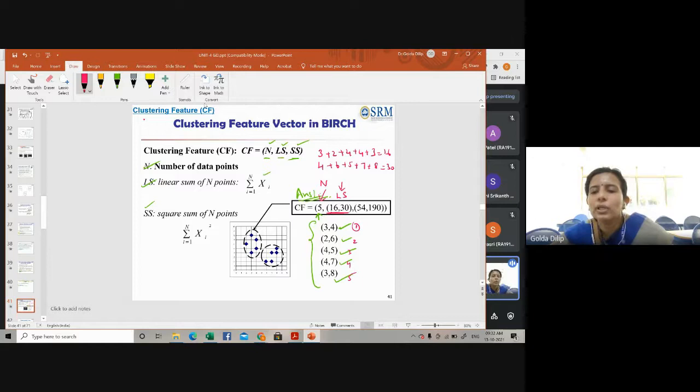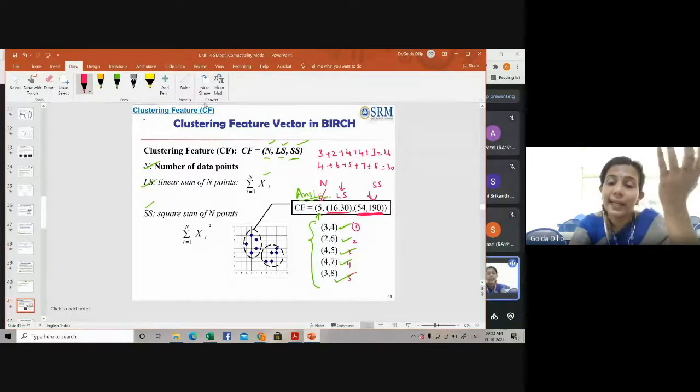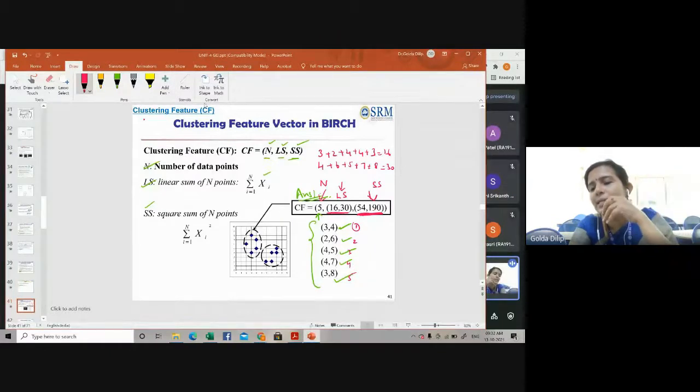Then what about this 54, 190? This is SS. How do you get this value? Square sum of n points. If you can get LS, what is the big deal in getting SS?